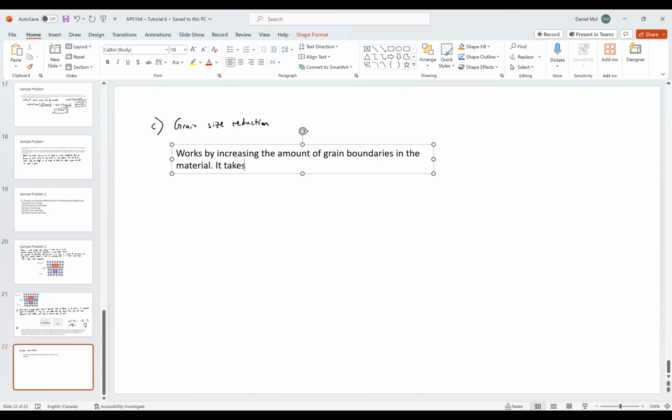And it takes extra energy for a dislocation to go through a grain boundary. And we discussed that earlier. I could re-put those points. Yes, its direction of propagation changes slightly. And then I can add on to that.